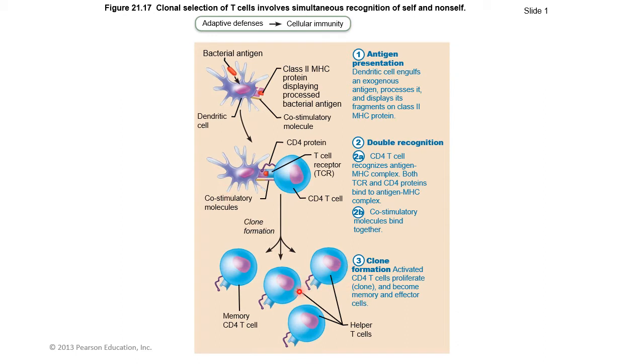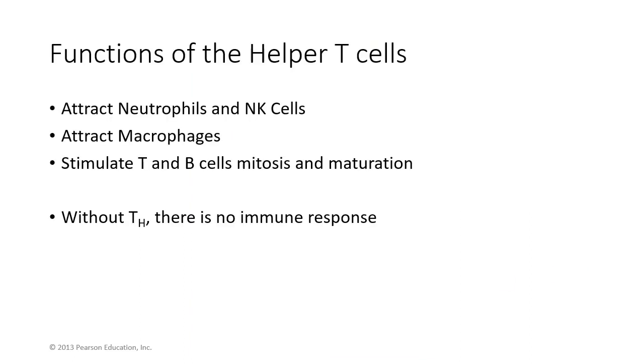So you get a clone of T helper cells that actively stimulate other immune cells into the attack against this foreign pathogen, and then some of them become memory cells, because remember, with this adaptive arm of the immune system, you do have memory. So some of the cells become memory cells, so if you encounter that pathogen again, you can eradicate it.